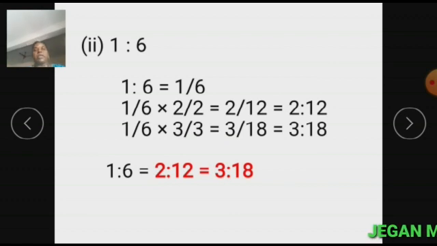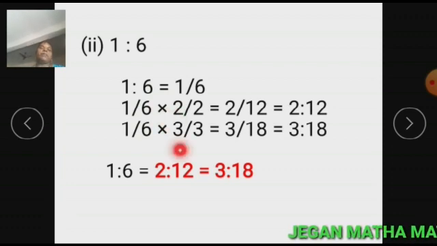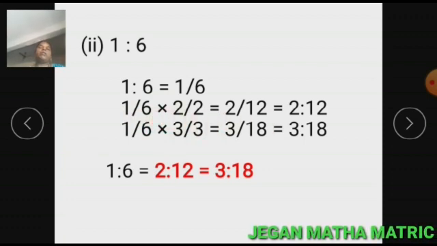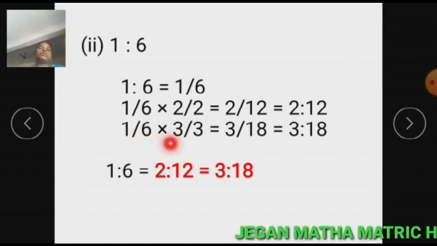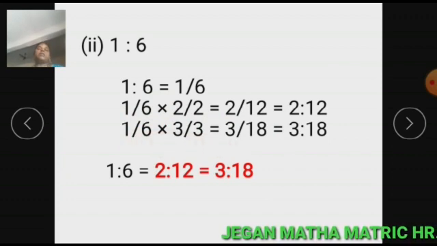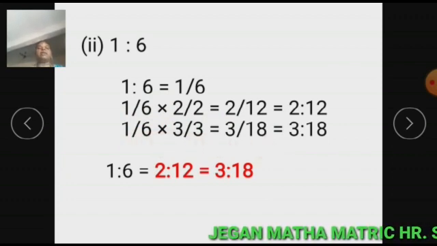Subdivision 2, 1:6. Here 1:6 equal to 1 by 6. The fraction 1 by 6 is multiplied by the common number 2 and 3. 1 by 6 is multiplied by 2 by 2 equal to 2 by 12. 1 by 6 into 3 by 3 equal to 3 by 18.